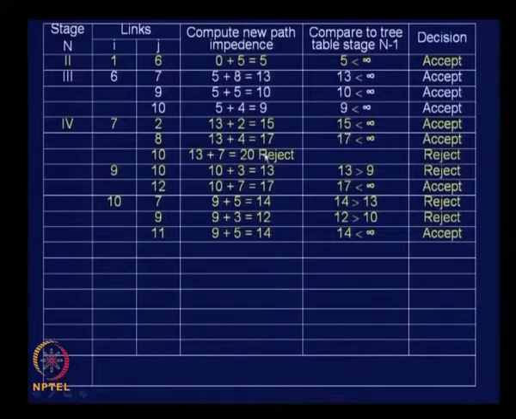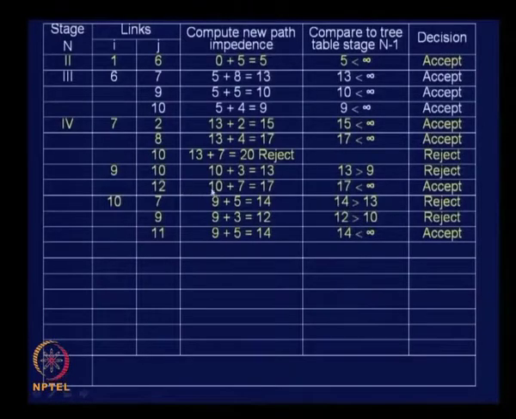Obviously, it is more than the previously established value for this particular node, so we are rejecting. Clear? Then 9 to 10, 10 plus 3, 13 minutes, which is greater than 9, so we are rejecting. Please remember, we are reaching node 10 within 9 minutes as per the earlier calculation. There is no need to accept this, we can reject.